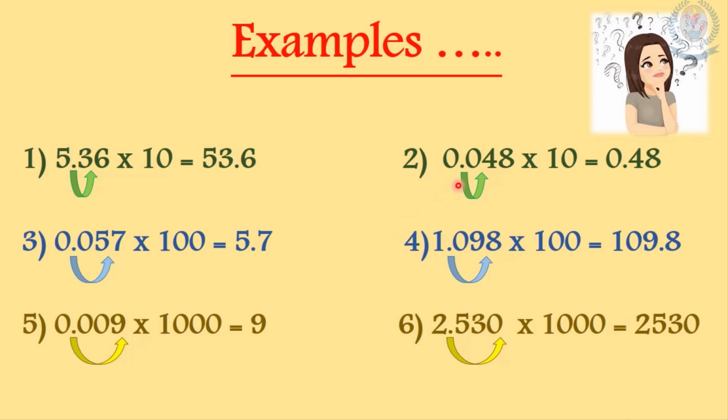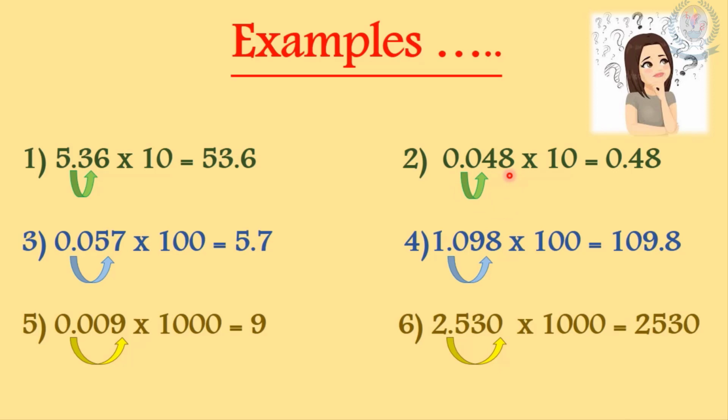Then second example. Here we have 0.048 times 10. Here also we have to multiply this decimal by 10. Since 10 has only one zero digit, we have to take the decimal place to right hand side by one digit.